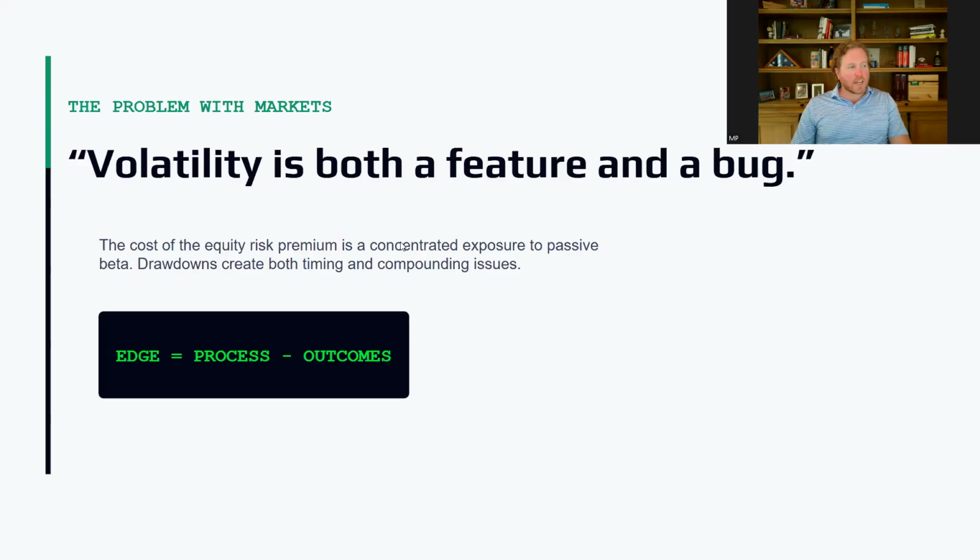So here I also say that edge is the difference between process versus outcomes. And as we'll discuss with a lot of these overlay strategies, process is a really important part of the whole dynamic. Unfortunately, we can't necessarily control the outcomes, and there's randomness in there. So the edge comes from the difference between those two, finding a repeatable process and finding something that is going to survive multiple outcomes.